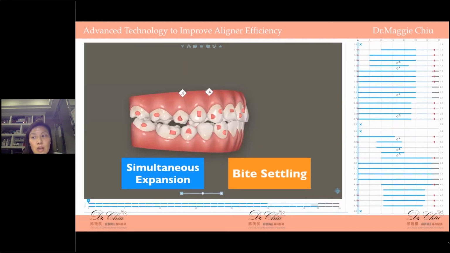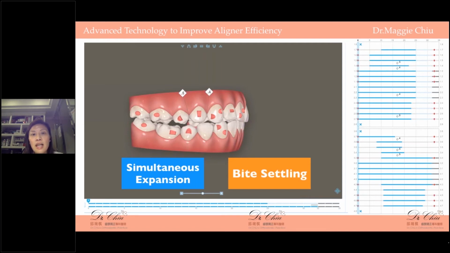So after a year, we did another scan for the additional aligners. And for the additional aligners, it comes up to be around 35 aligners in total, okay? And the goal of this treatment is to do simultaneous expansion on the upper arch.